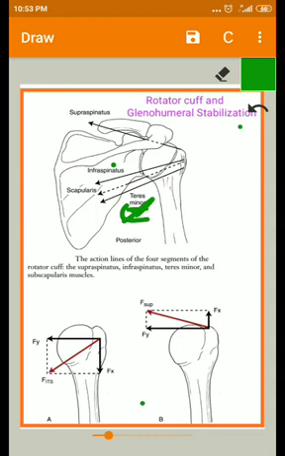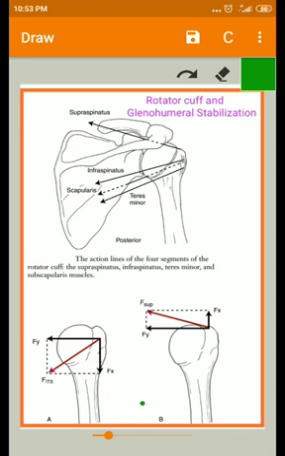So these forces overcome the force of the subscapularis. The subscapularis acts as a medial rotator, so its function is diminished in the case of elevation of the arm. Okay.